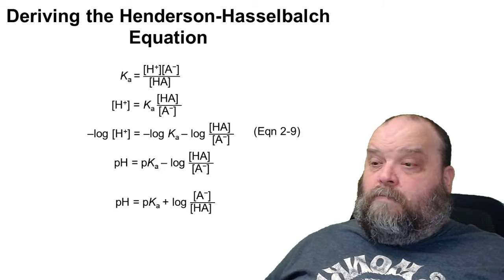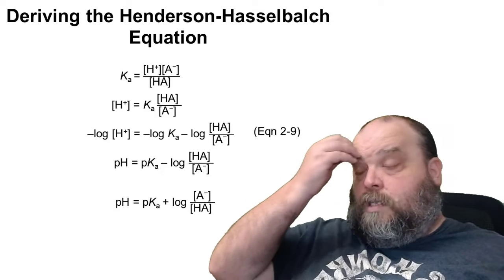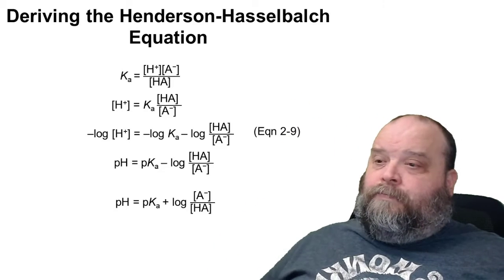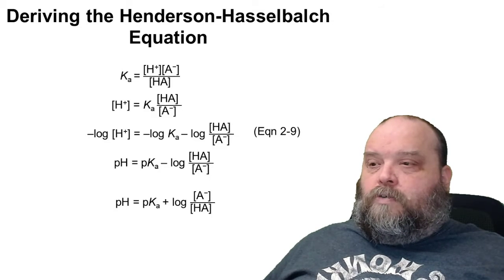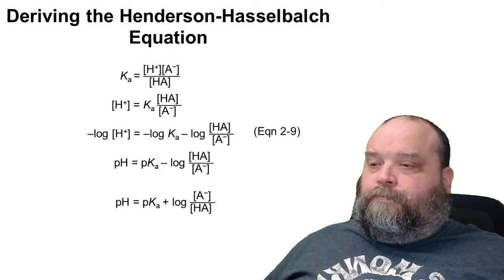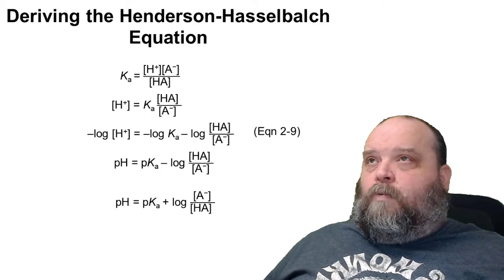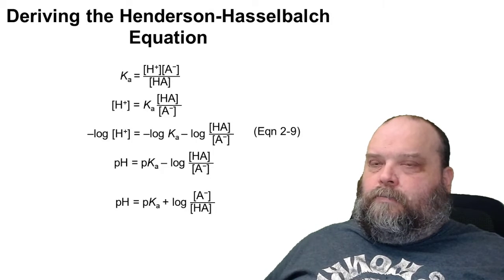Take the negative log of both sides. Well, the negative log of the concentration of hydrogen, that's pH. Negative log of Ka, that's pKa. Minus the log of the concentration ratio. So when I say the pH and pKa are roughly the same, kind of, sort of. The concentration is going to be a little off.